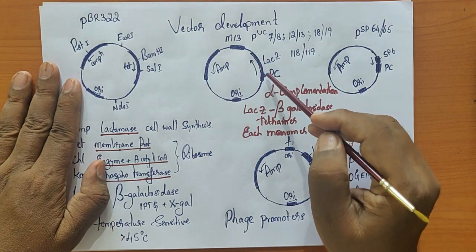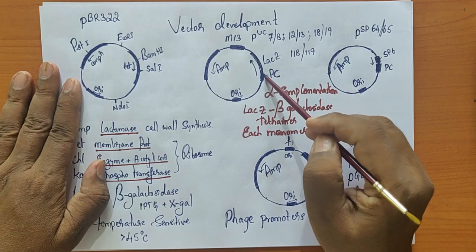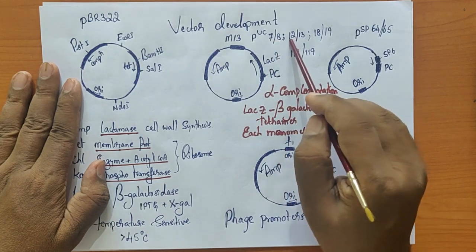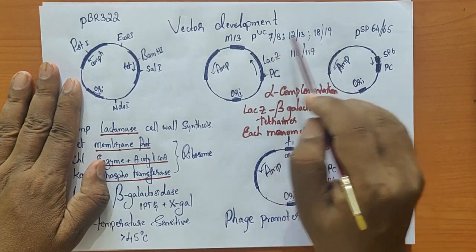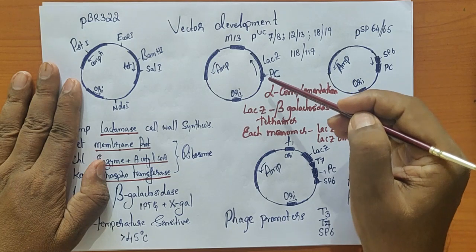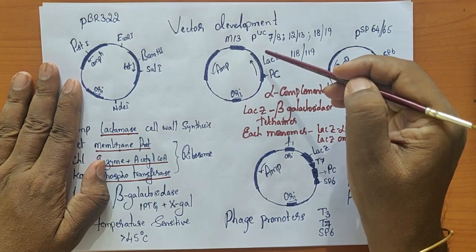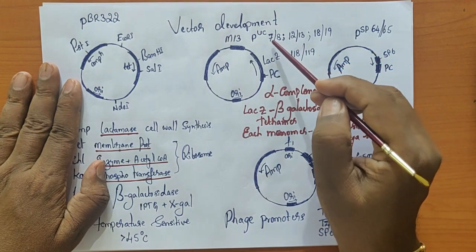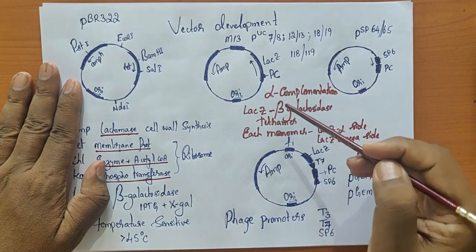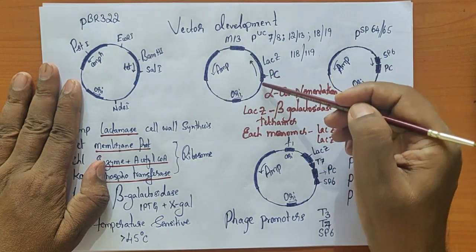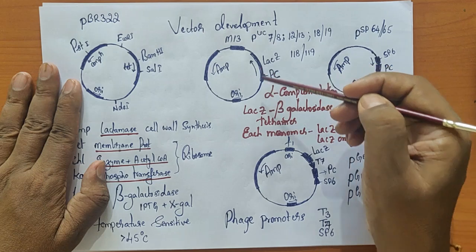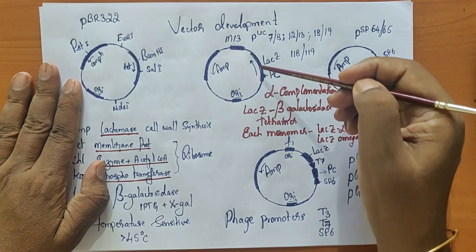So the polycloning site in the 7-8, 12-13 and 18-19 series all represent different sites for restriction enzymes. And 7 and 8, again I told you, because this is a DNA sequence present either in positive orientation or a negative orientation.